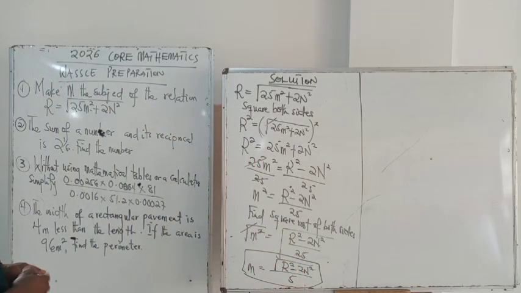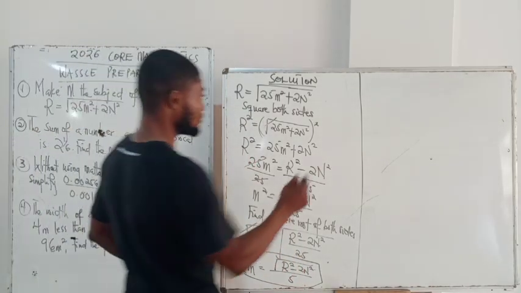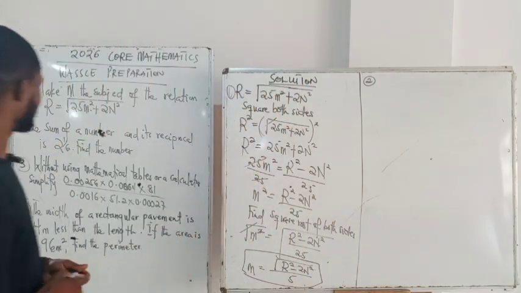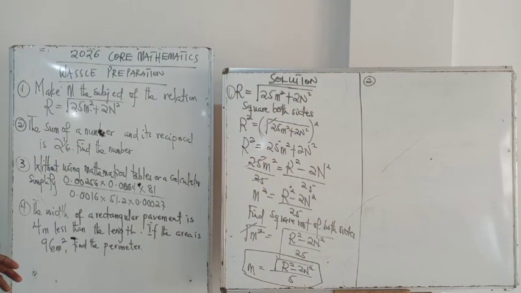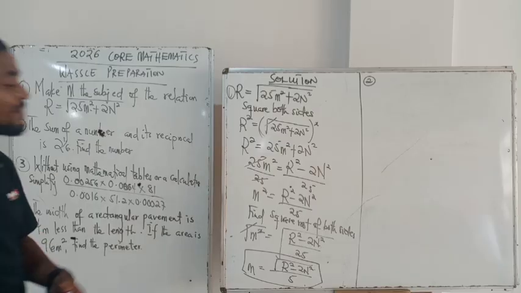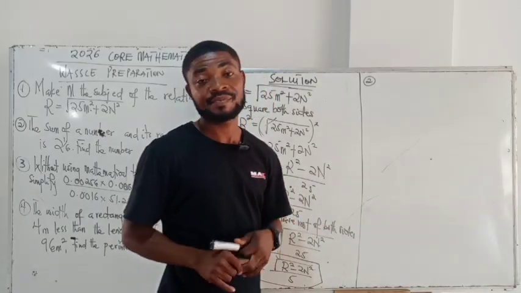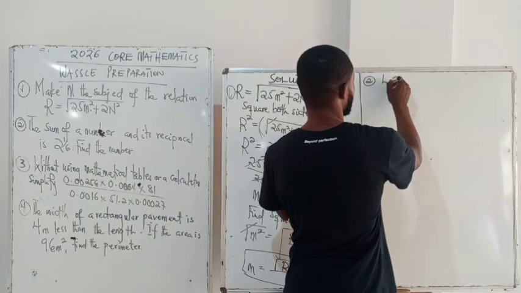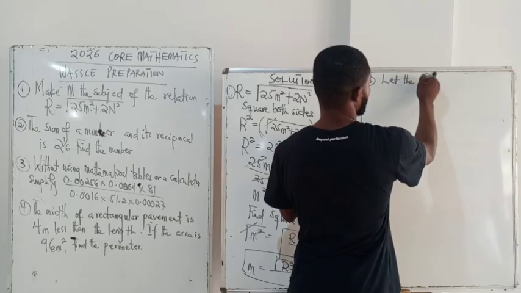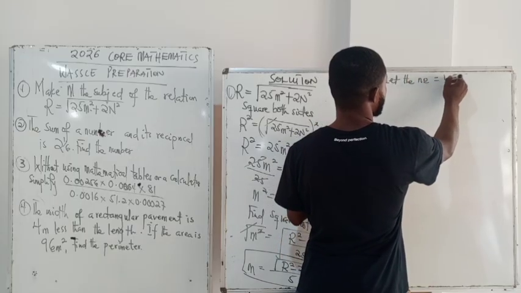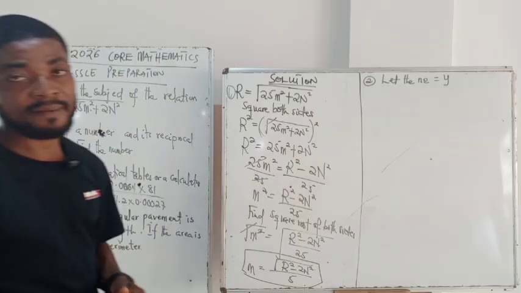Okay, so we take the second question, which reads that the sum of a number and its reciprocal is 2 whole number 1 over 6. Find the number. So we don't know the number, so let's let any variable represent the number. So I'm letting y represent the number.